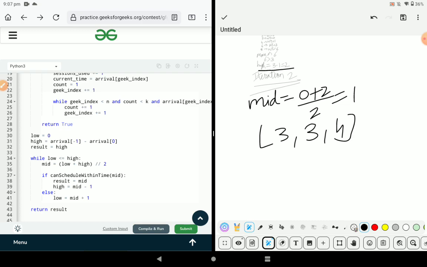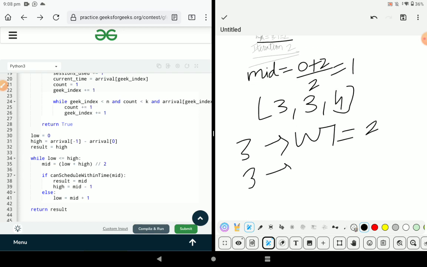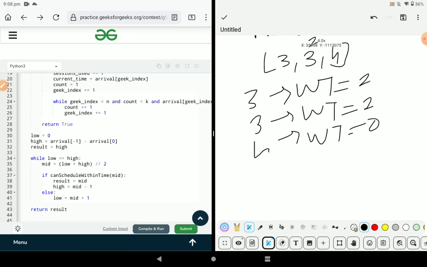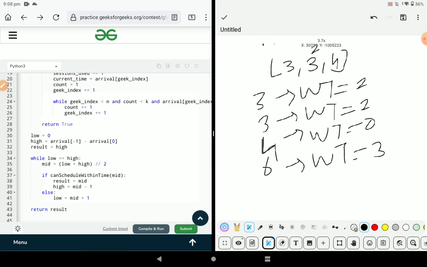For 3 our waiting time is 2, for the next 3 our waiting time is again 2, then for 4 our waiting time is 0, then for 6 our waiting time is 3. So it cannot be scheduled in the first session due to the limit of k.